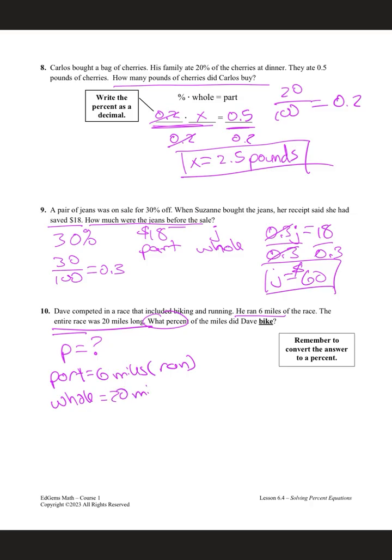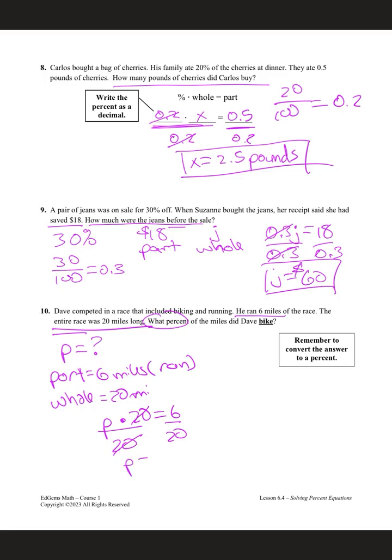Okay, so let's go ahead and set this up. We don't know what the percent is, so that's good. So percent is P times the whole, which is 20, and the part, okay, was 6. So let's go ahead and divide both sides by 20. Okay, so multiplying by 20 divided by 20 cancels out.